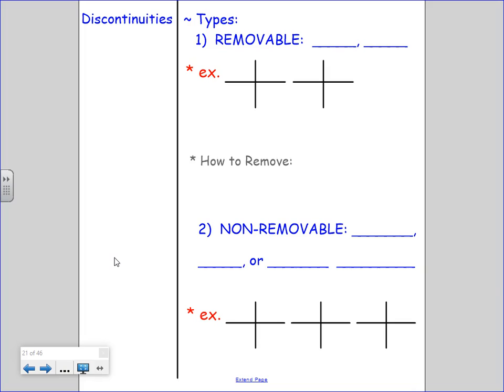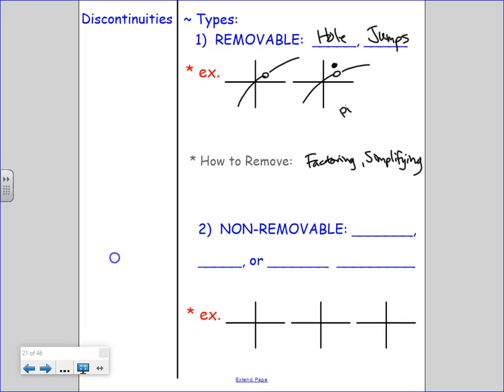Removable discontinuities: holes and jumps. What do I mean by that? The first is a normal one, where you can factor out or do some sort of creative math, right? To remove it, we can do factoring, simplifying, simplifying complex fractions, multiplying by a conjugate, trig properties, etc. That's the first one, but the second one would be a piecewise function, right?